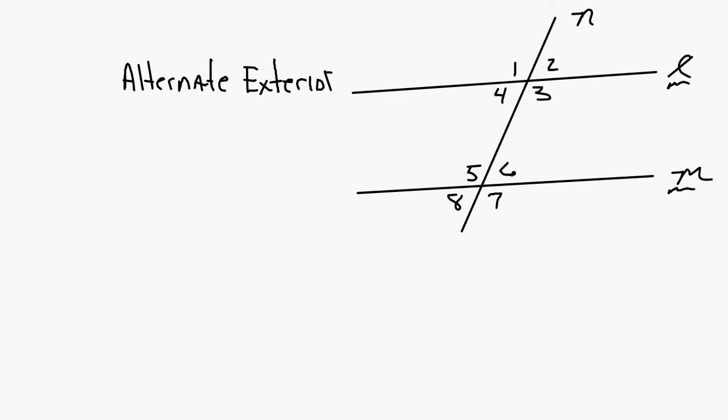One pair of alternate exteriors will be angle 1 and angle 7. They're in the exterior of L and they're on alternating sides of the transversal. So we got 1 and 7. So what's the other pair of alternate exteriors if 1 and 7 are one of the pairs? 2 and 8. Very good, 2 and 8.